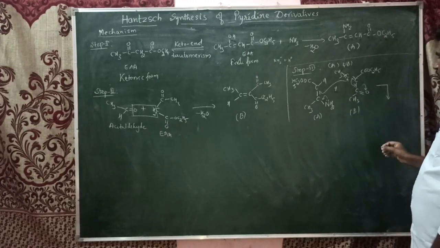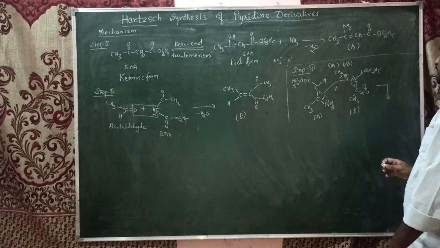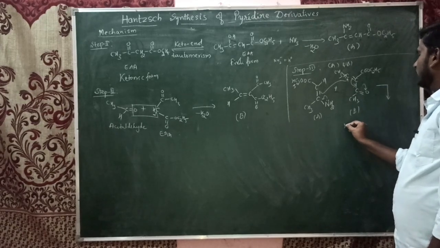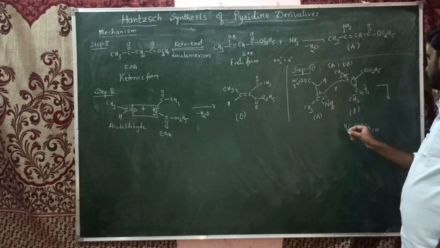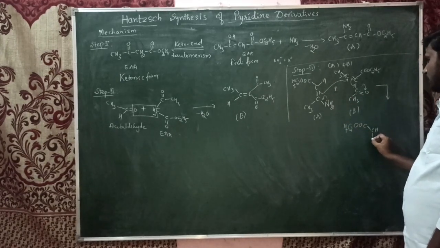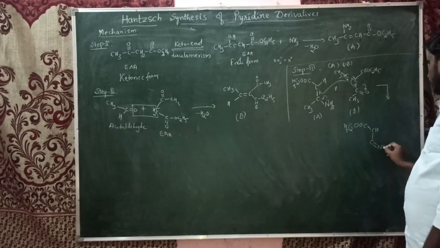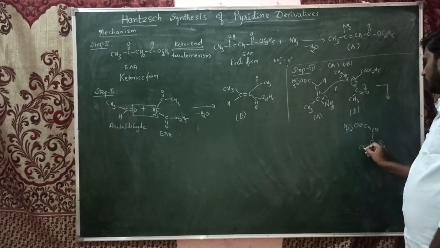Now we get this product. Let me write that compound, and both the compounds will now be condensed into one compound. COOC2H5, CH, here it becomes a single bond, C double bond NH2. With four bonds, the nitrogen gets the positive charge, CH3.